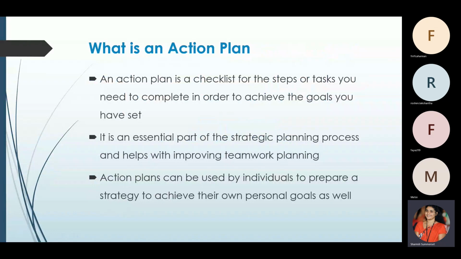So the action plan is a kind of planning. In the action plan, we normally have a checklist, in the sense that it will have the steps or tasks, what you are going to do or need to fulfill in order to achieve your goals. So it's a kind of checklist.